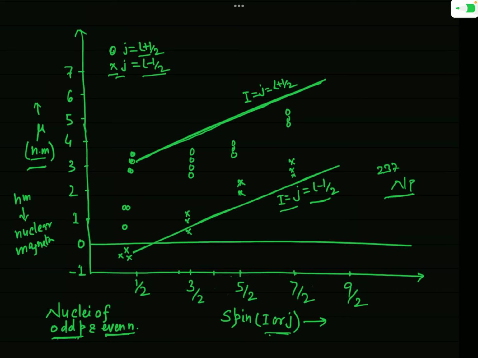Another reason you may say is that the extreme independent particle motion is not realistic. In this model, we consider the extreme independent particle motion, and that motion is actually not realistic.